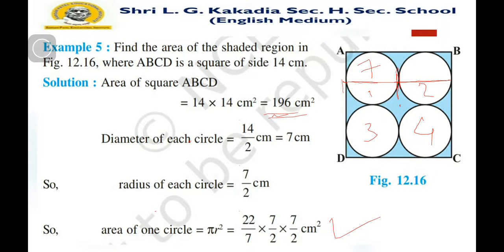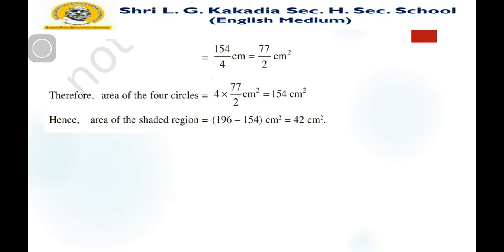Therefore, the area of the 4 circles is multiplied by 4, that is 154 centimeter square. Hence, the area of the shaded region is equal to 196 minus 154 centimeter square, which is equal to 42 centimeter square. So by that way, we can find this area.